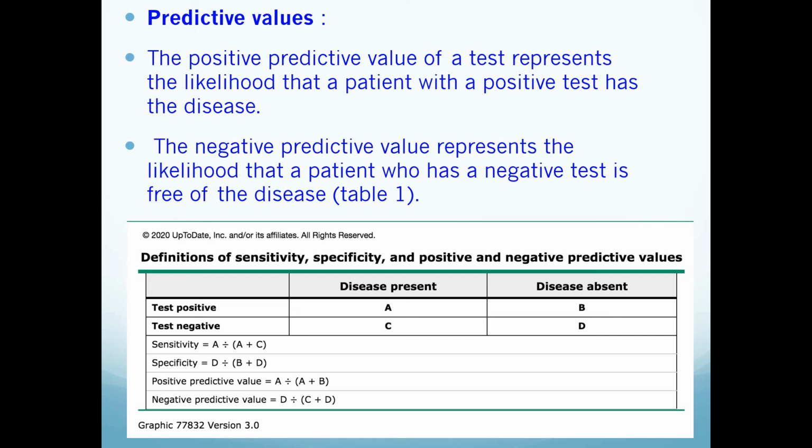So a negative VDRL tells you that this patient is unlikely to have syphilis, whereas a positive result tells you that this patient is likely to have syphilis.